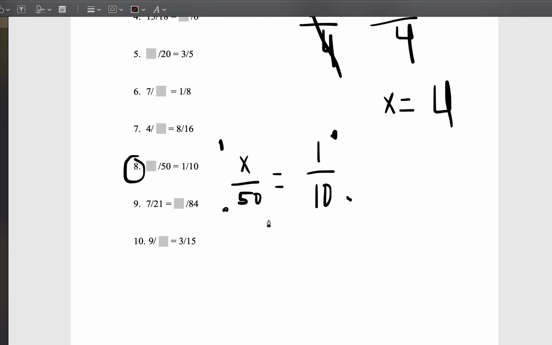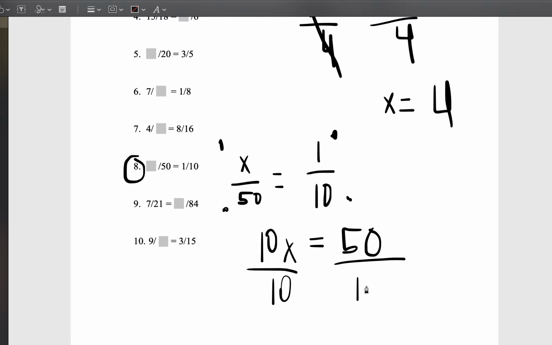So x times 10 is 10x, and 1 times 50 equals 50. Like the same, we do algebra. Divide by 10 on both sides. This will cancel out, and x equals 5.